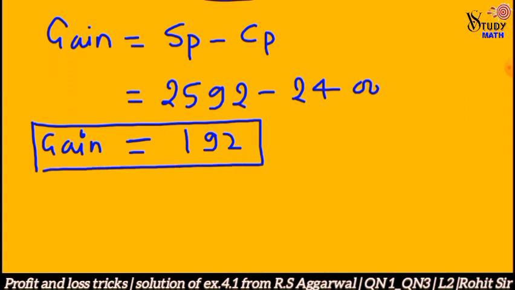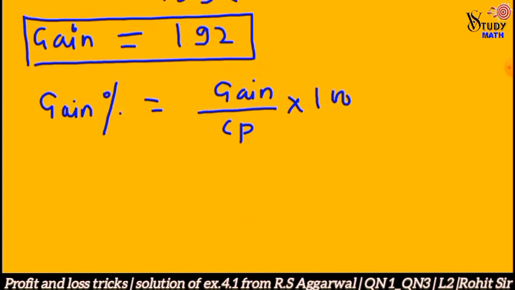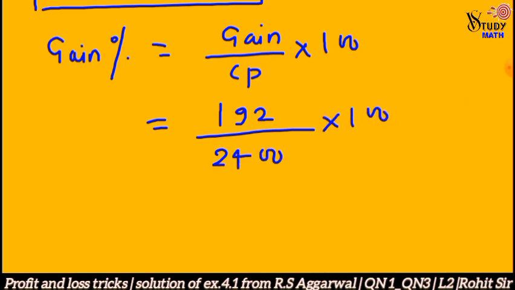Now we have to find gain percent. The formula of gain percent is gain upon CP into 100. Now fill in all the variables here. Gain is 192, CP is 2400, multiply 100. Now these 0s cancel, we have 192 by 24.